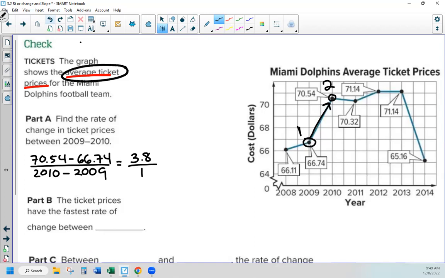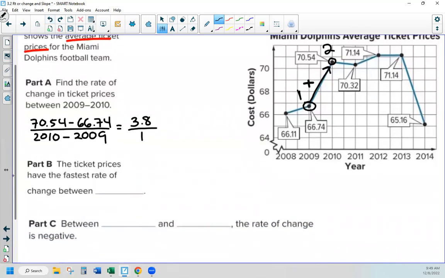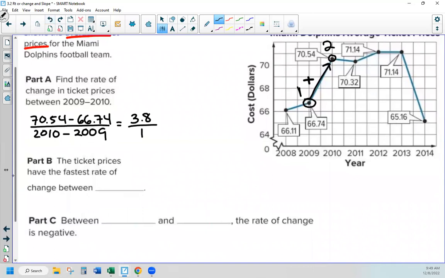Again, this is what you want to go to and then say this, right? So the average ticket prices are going up 3.8 every year, okay? Find the rate of change between 20, actually it didn't ask us. So let's see what part B says. The ticket prices have the fastest rate of change.